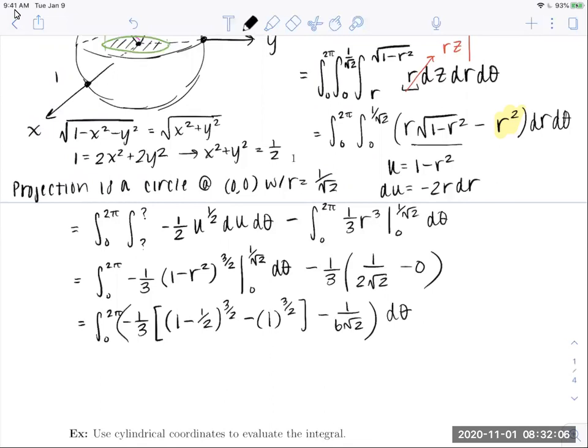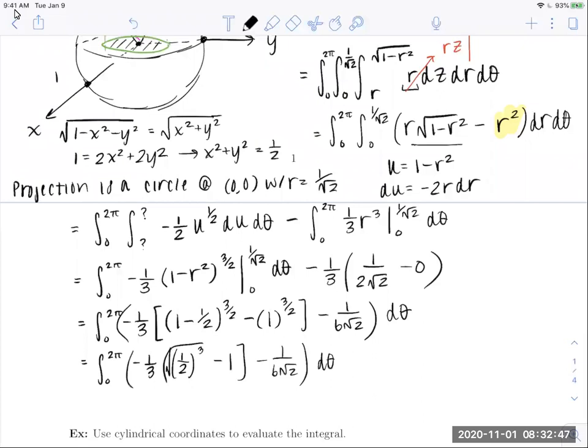All right, so let's see if we can simplify inside here a little bit. I have 1/2 to the 3/2 power, so that's going to be 1/2 cubed, square root, and then minus 1 over 6 root 2. So 1/2 cubed is 1/8.